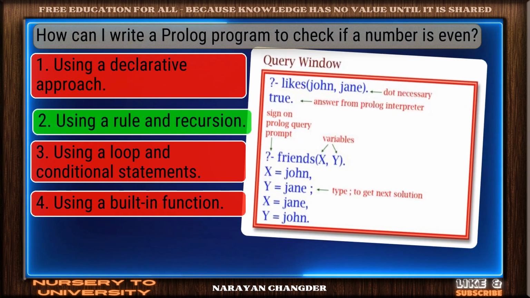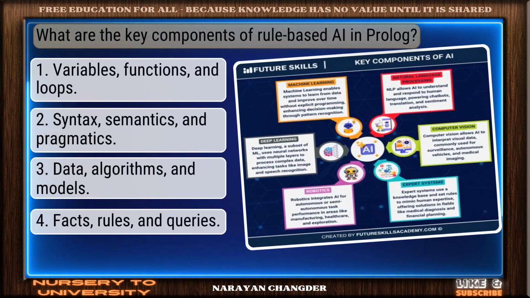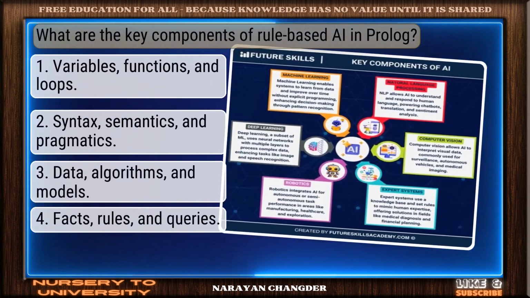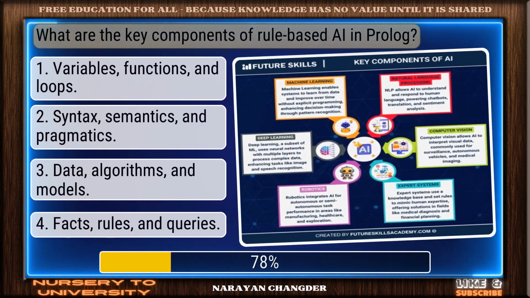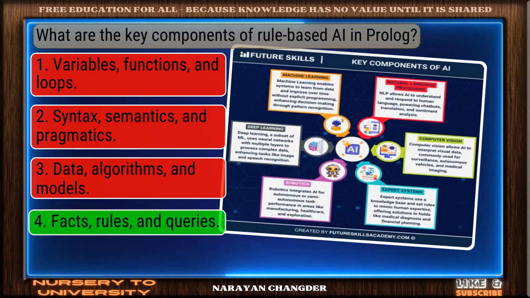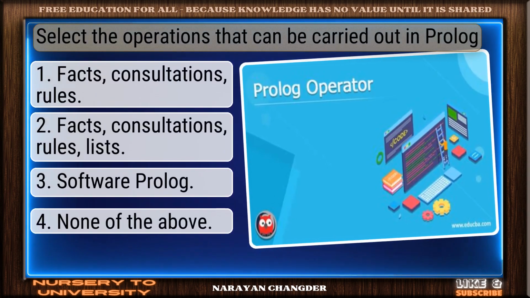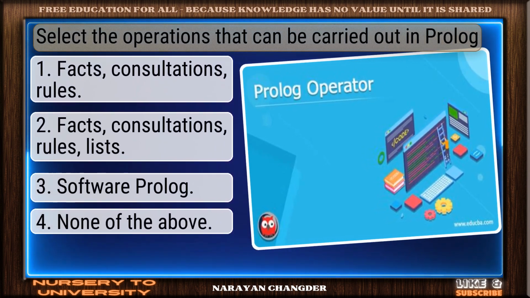Using a rule and recursion is the correct choice. Question number 19. What are the key components of rule-based AI in Prolog? Bravo, facts, rules, and queries is the answer. Question number 20. Select the operations that can be carried out in Prolog.